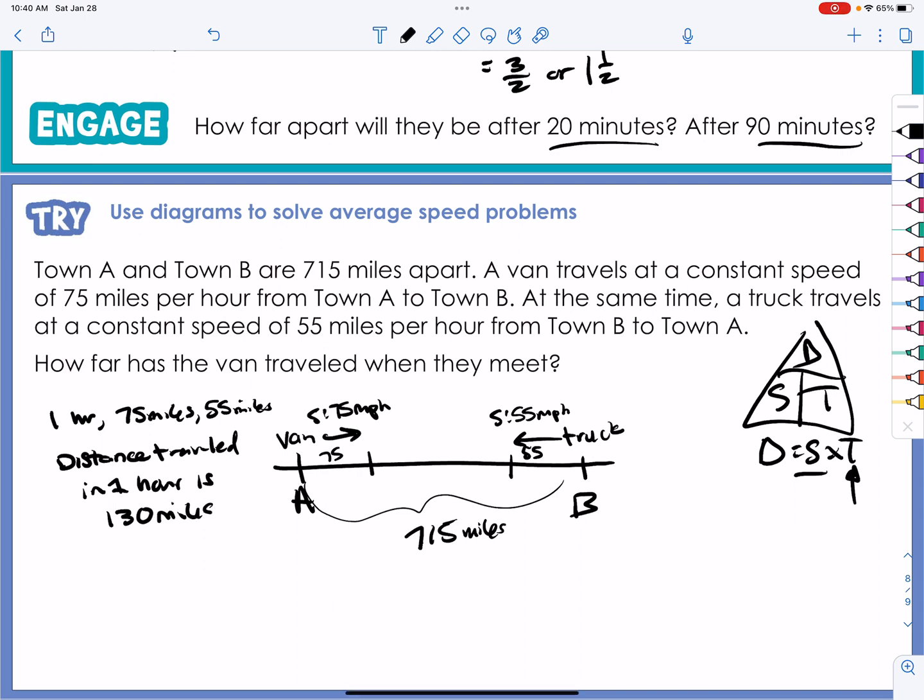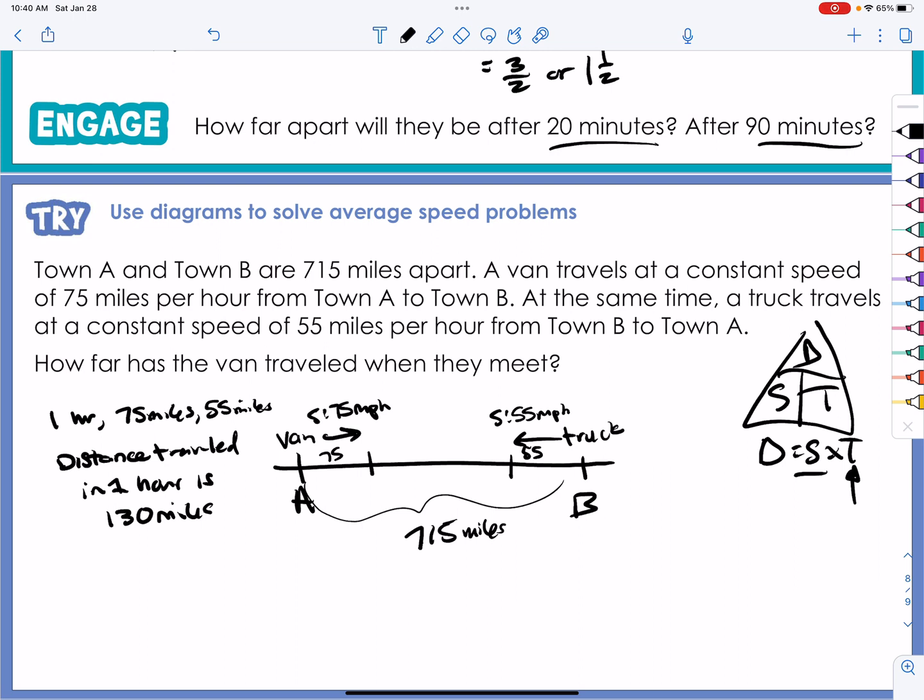Now, that doesn't mean that the truck was driving 130 miles per hour or the van was driving 130 miles per hour. But together, those two vehicles traveled a total of 130 miles in 1 hour, which means they would travel 260 miles in 2 hours, because each hour the van travels 75 miles, the truck travels 55, so each hour together they get 130 miles closer together.